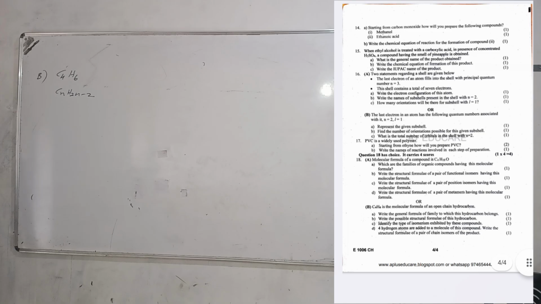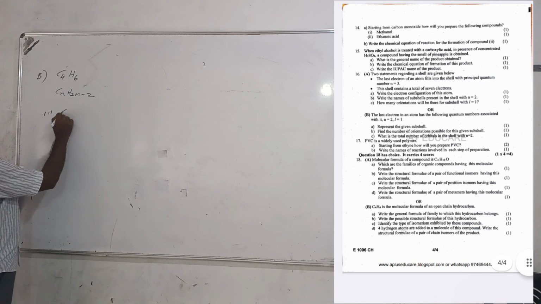Write the possible structural formula of this hydrocarbon. Only the position of the triple bond is changed. These are position isomers; the position of the triple bond is changing.